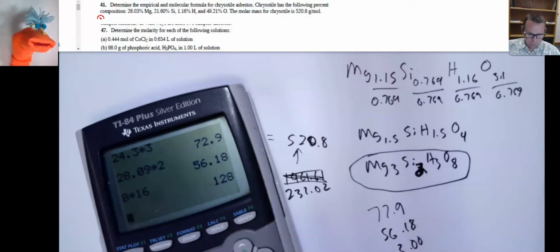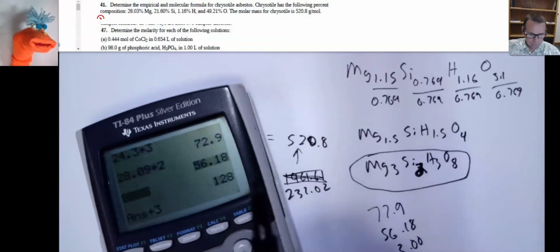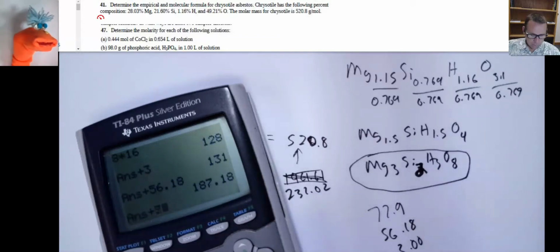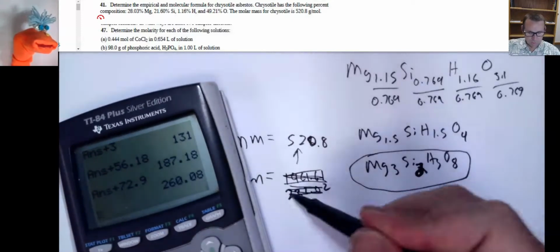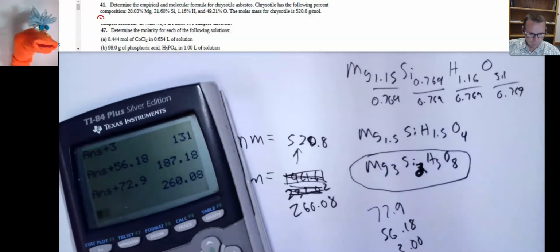So 128 plus 3 plus 56.18 plus 72.9 is 260.08. That looks good, right? 520.8 divided by 260.08. There we go.